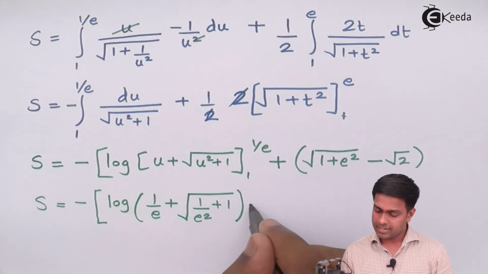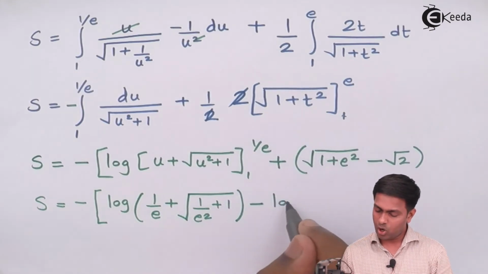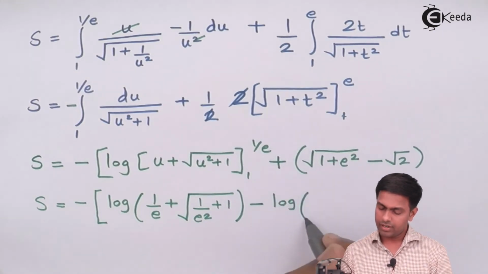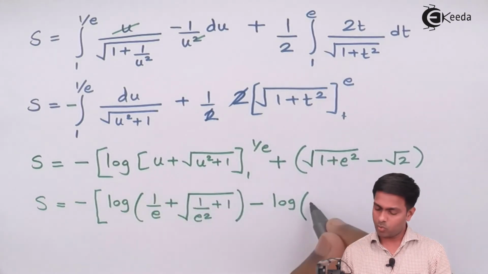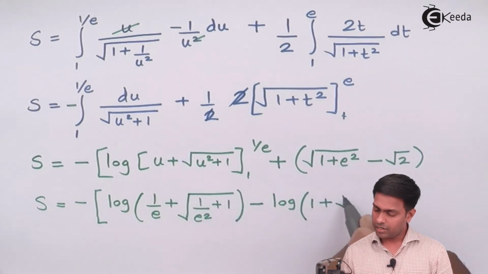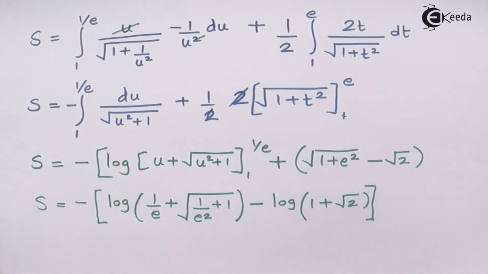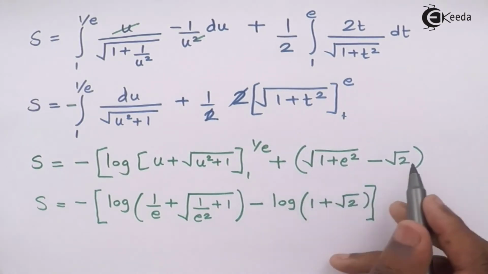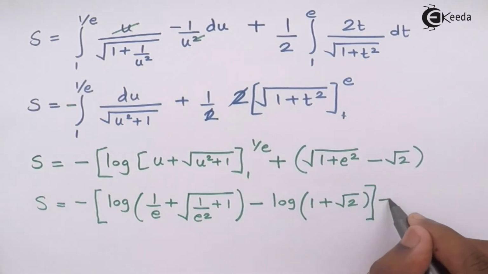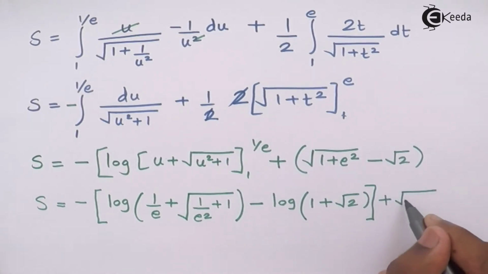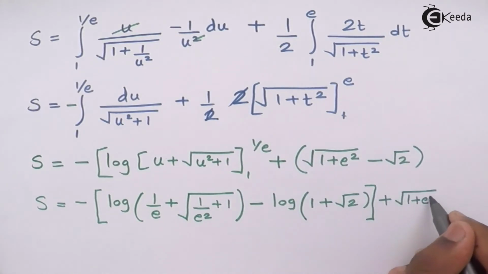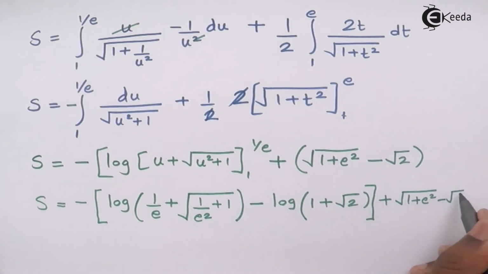Middle sign minus. Next, log of, here u is 1, so I'll get 1 plus under root 2. So this is the value which I'll get, and negative to the remaining 2 terms as it is, so that is plus under root 1 plus e square minus under root 2.